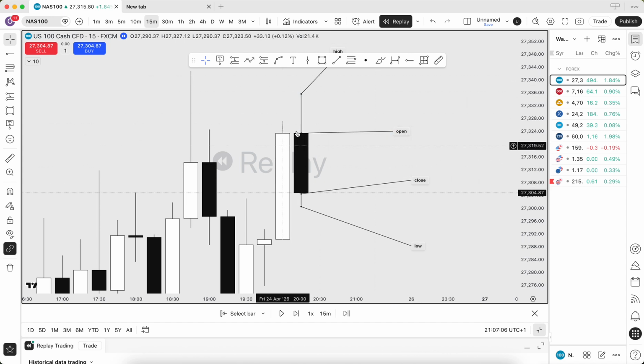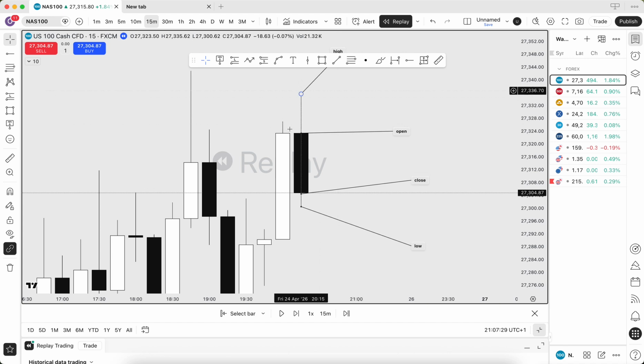Now this is the open here. We are seeing that this candle opened here and sold down. This is where it closed. Now you saw what formed this candle.